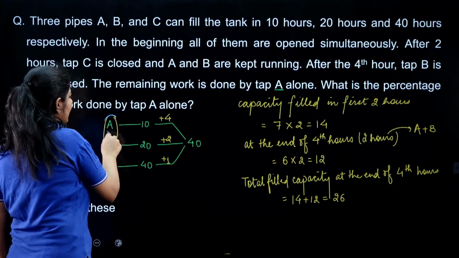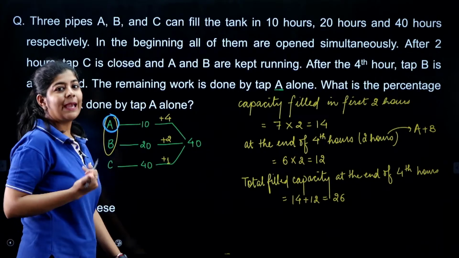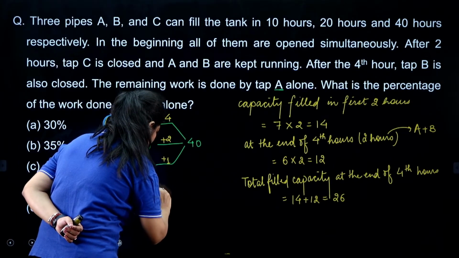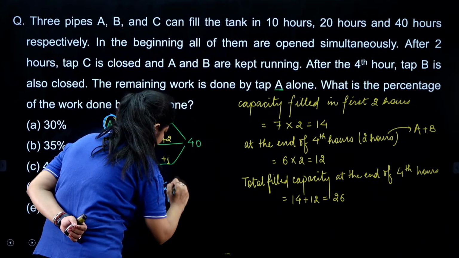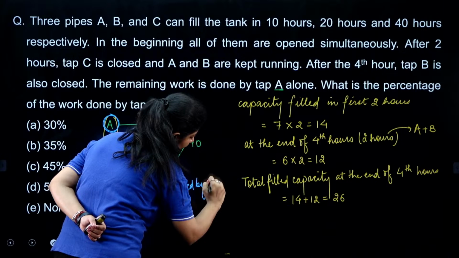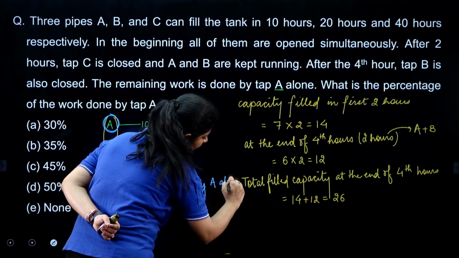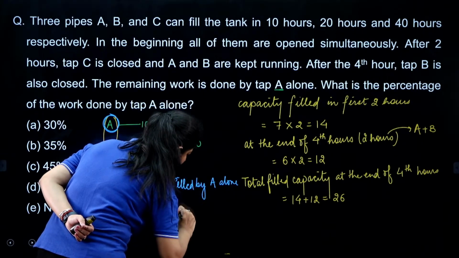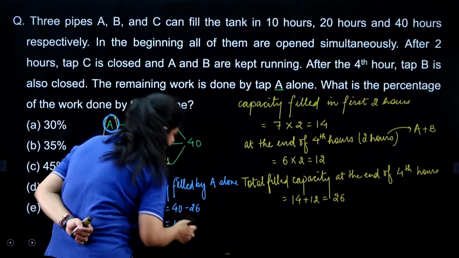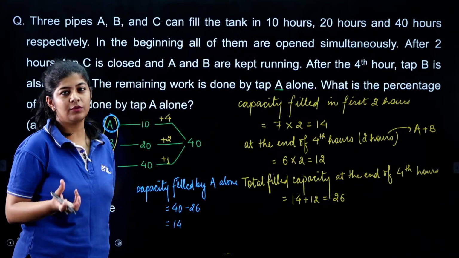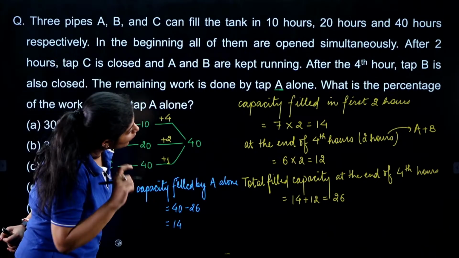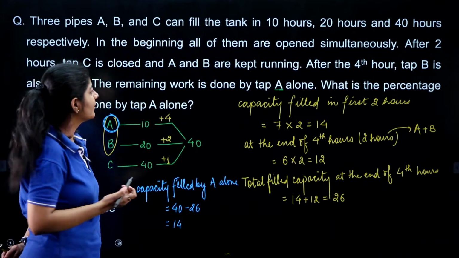So the capacity filled by A alone is 40 minus 26, which is equal to 14 units of that particular tank. But what we have to do is find out the percentage. We need to find out the percentage.